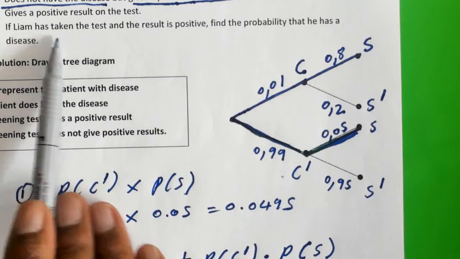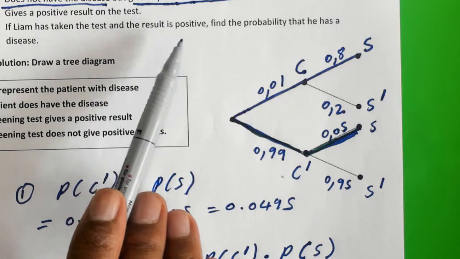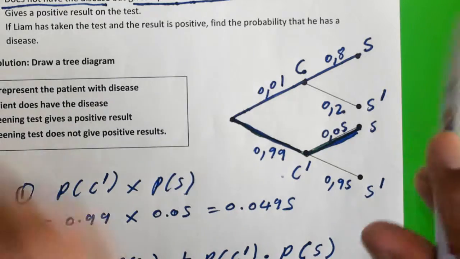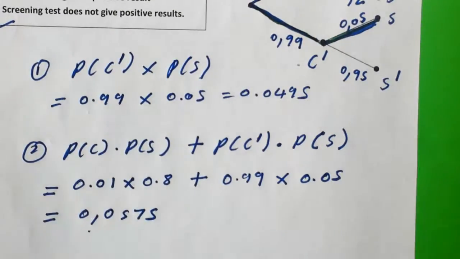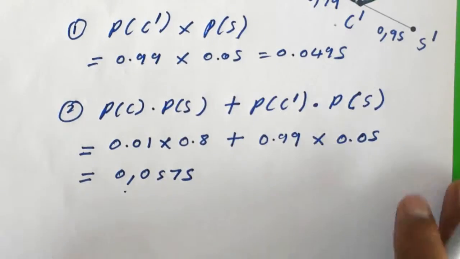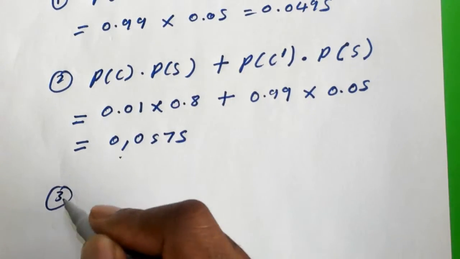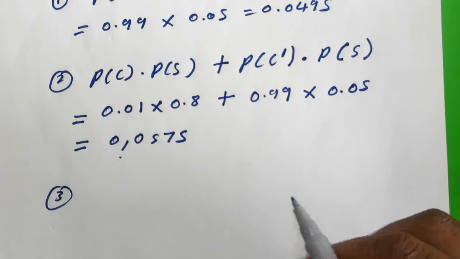If Liam has taken the test and the result is positive, find the probability that he has a disease. So here is our conditional probability, guys. So we want this, number 3. And I'll encourage you guys as you work on this to have your worksheet in front of you.